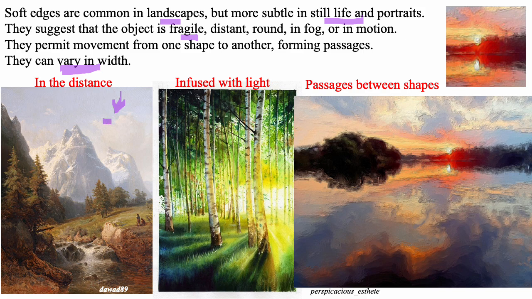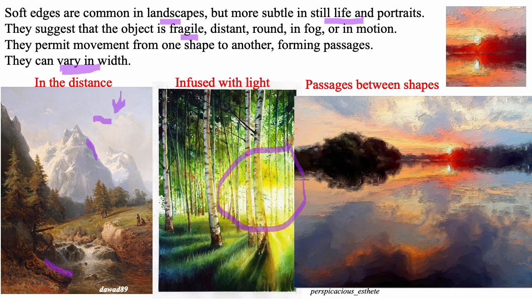So we see very soft edges on the clouds, harder edges for this mountain, and even harder edges in the foreground. This area is infused with light, so light diffracts around these trees, making them thin with little color or detail, little value contrast, and the edges are very soft.